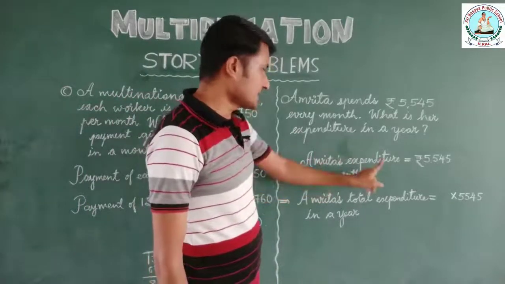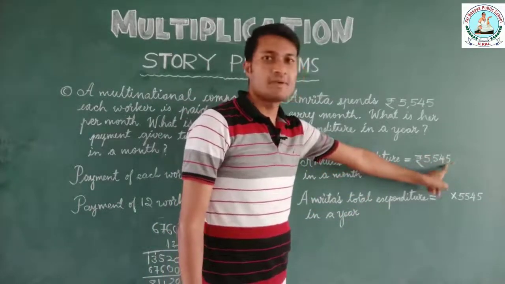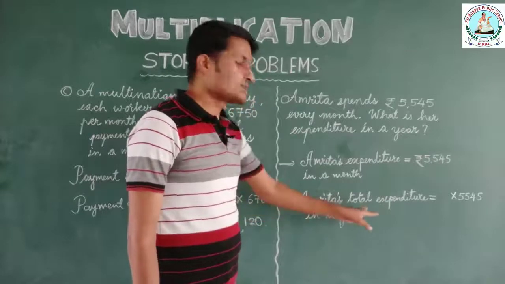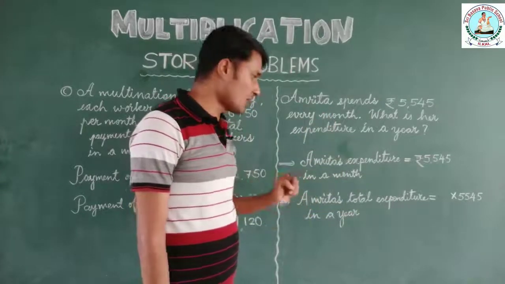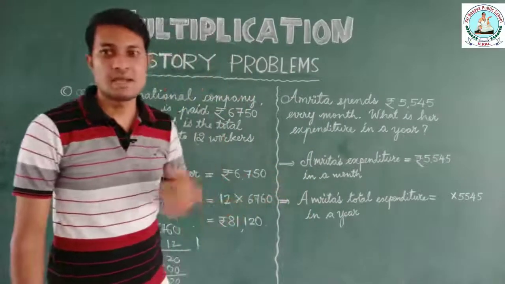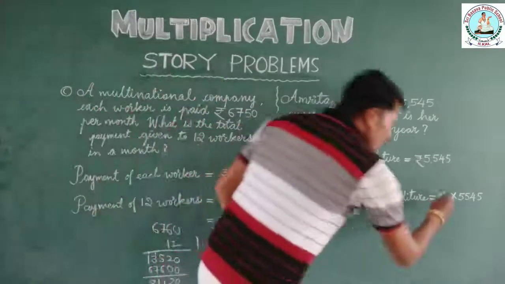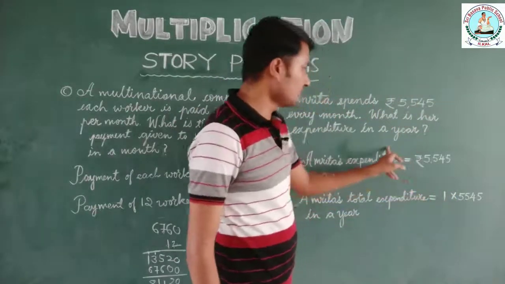So Amrita's expenditure in a month is how much? 5,545, means this much money she is spending in a month. Then we need to find out Amrita's total expenditure in 1 year. So 1 year, as I said, usually has how many months? 12 months. See here, for 1 month she is spending this much money, but we need to find out a year.